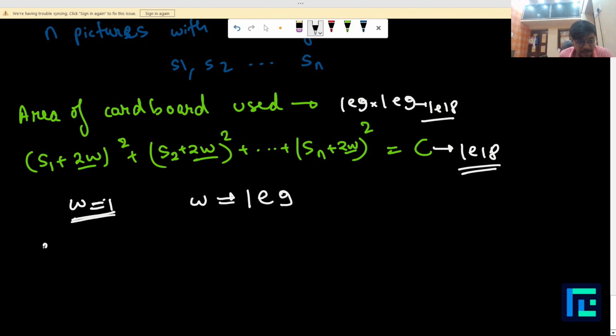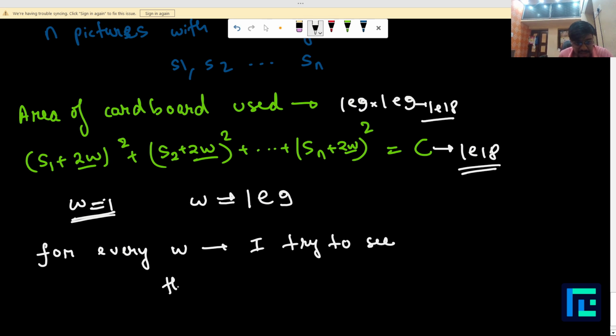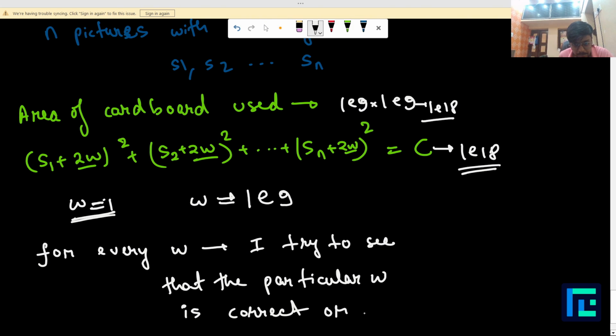And now if I try to do this, that for every W I try to see that the particular W is correct or not. That is, what I do is I just iterate over all my possible border lengths, that is W, from 1 to 1e9, and when I get that, okay, for a particular border the area is equal to C, I will say that W is my answer.